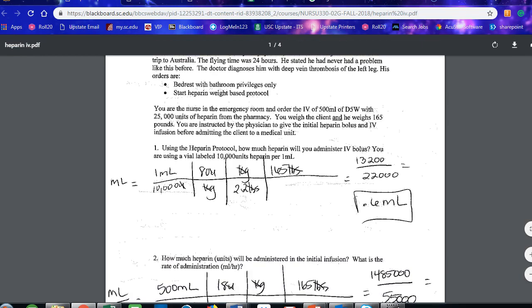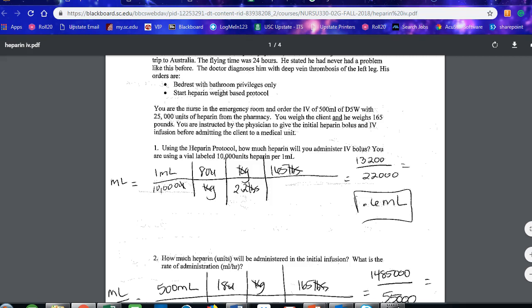The way I set my math up is I always like to do what I need first, because that's what's going to go on top. For this first problem, how much heparin will you administer IV bolus? It's going to be a bolus, so all I need is mL. You're using a vial labeled 10,000 units of heparin per 1 mL. So we're going to do 1 mL over 10,000 units times 80 units over kg times kg over 2.2 pounds times 165 pounds.